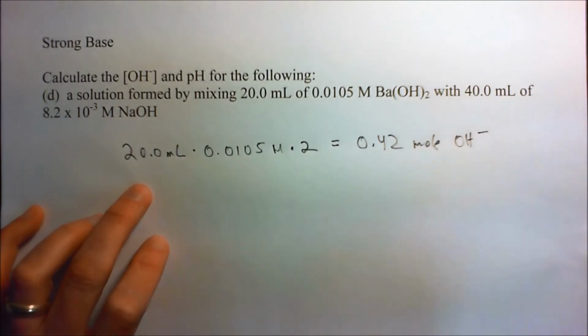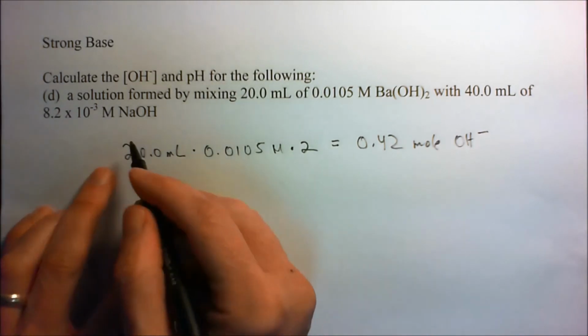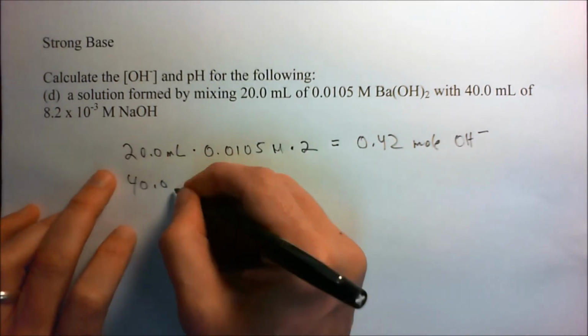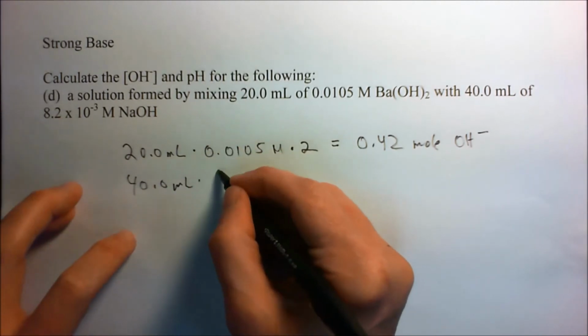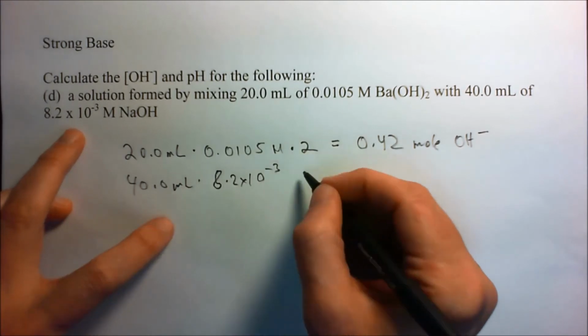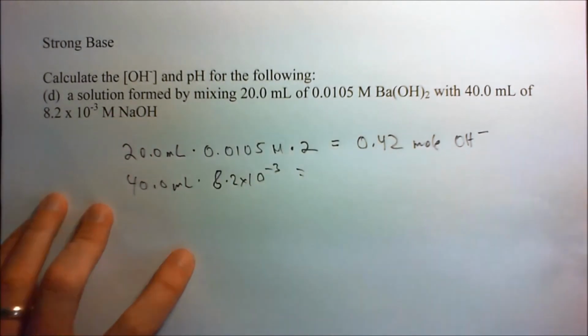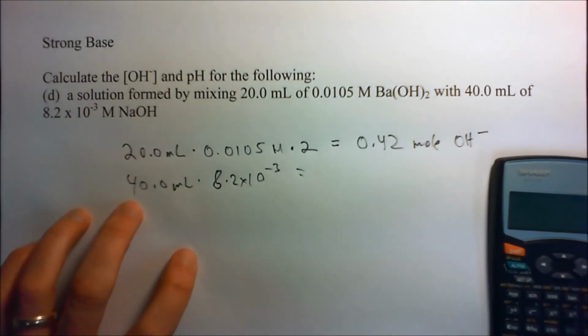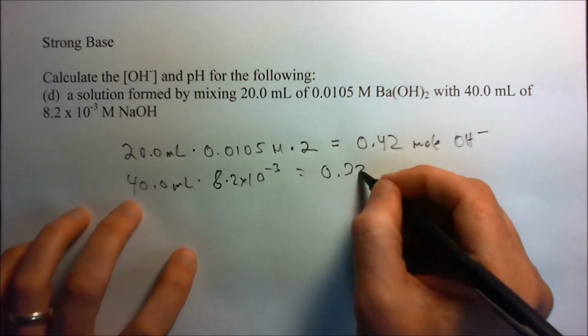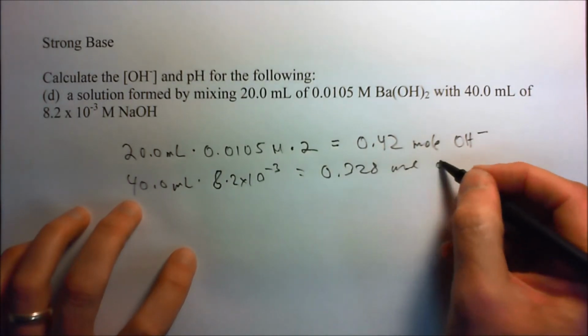Next up, we have 40.0 milliliters of the sodium hydroxide, times 8.2 times 10 to the minus third, and there's only 1 OH, so we leave it like that. That's 0.328 millimoles OH minus.